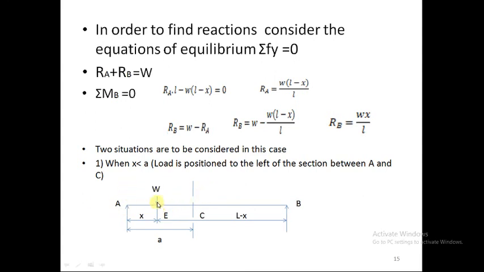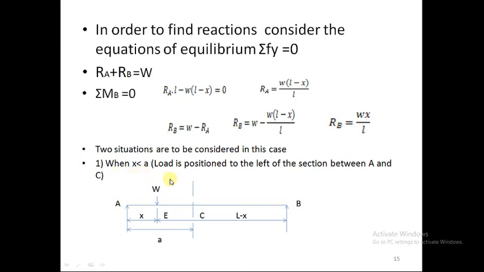We will have one more case when the load is placed in the portion BC, that is when X is greater than a, where the section line comes first and the load goes after that. So these two cases will exist. We will see each of them in detail here.